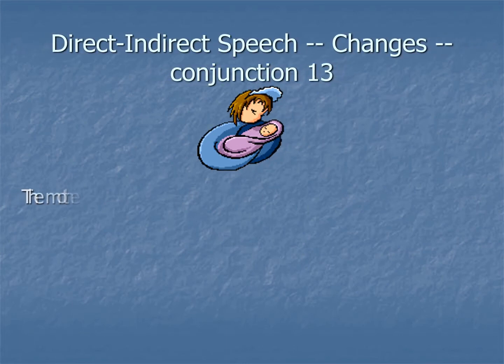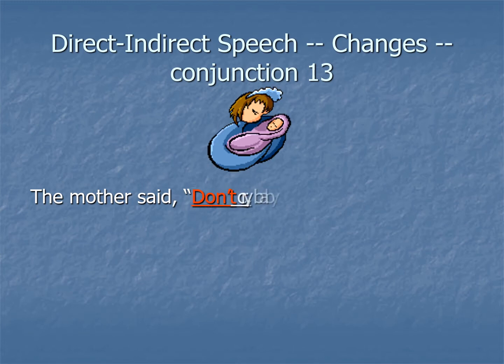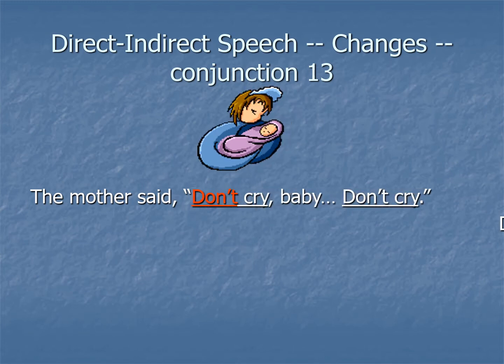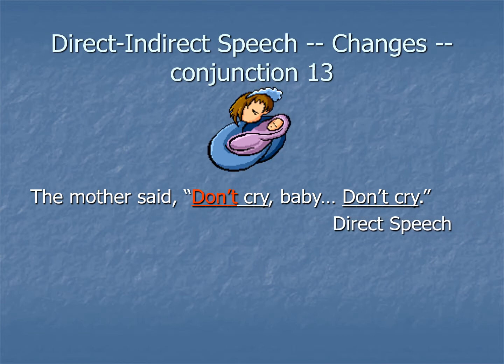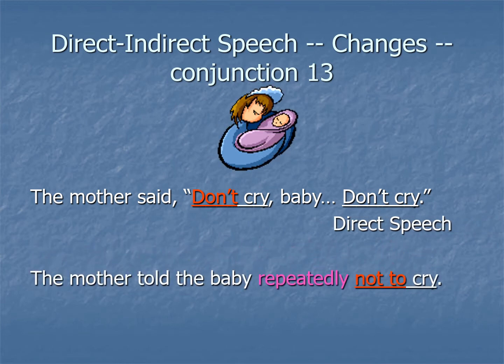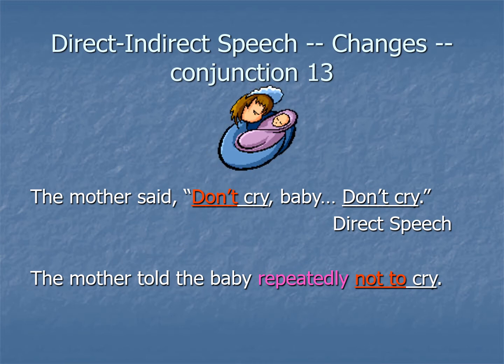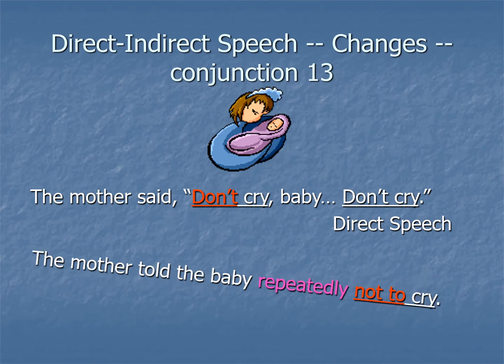Let's have another example. The mother said, "Don't cry, baby, don't cry." It's a direct speech, and when we convert it into indirect speech, it becomes the mother told the baby repeatedly not to cry.